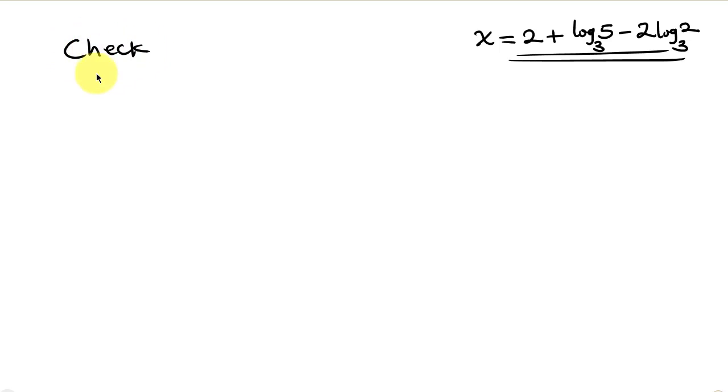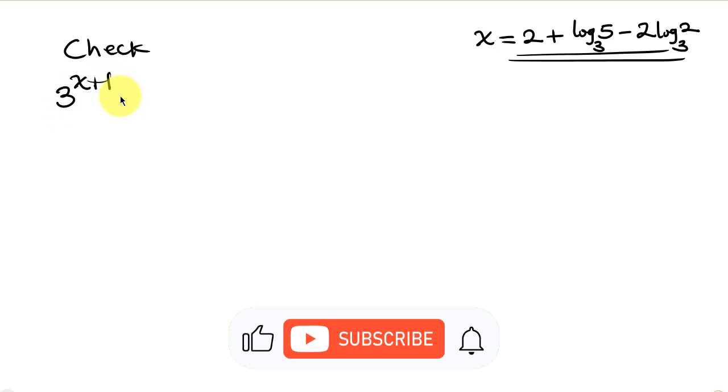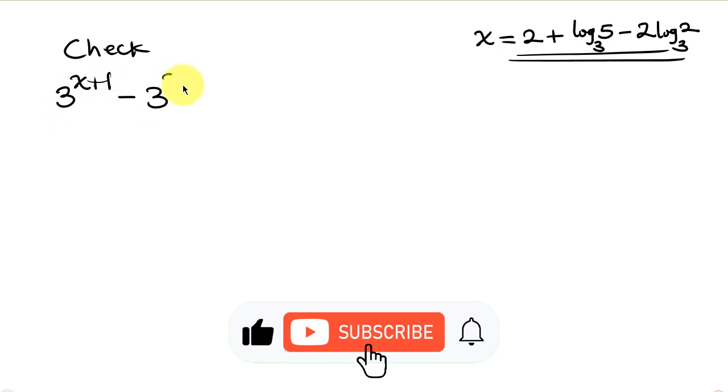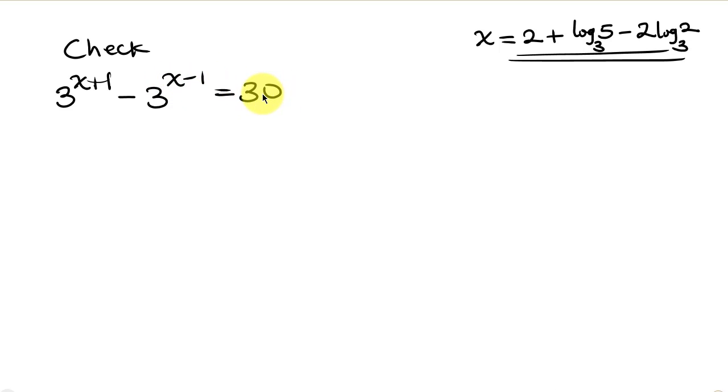Our given question is 3 to the (x plus 1) minus 3 to the (x minus 1) is equal to 30. Now, we're going to prove that the left-hand side is equal to the right-hand side. So our focus is to solve the left-hand side to get 30. Now let's focus on the left-hand side. We have 3 to the x.